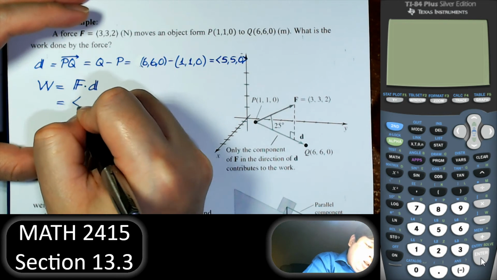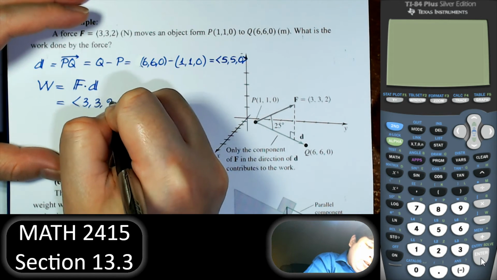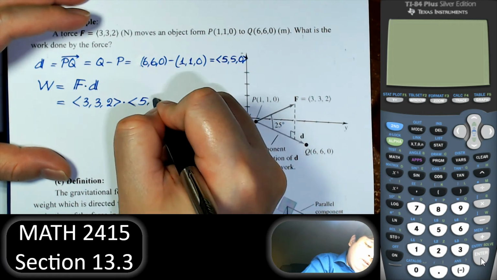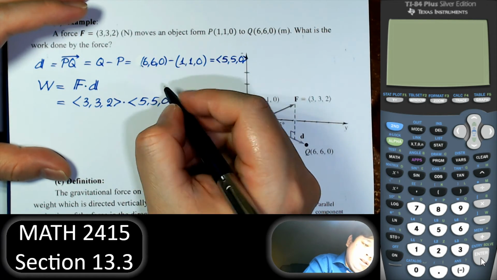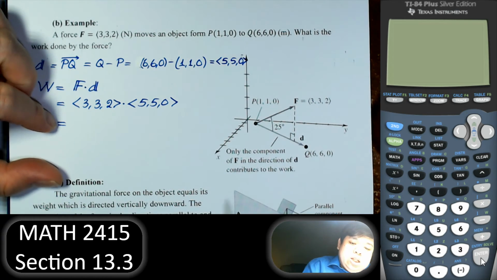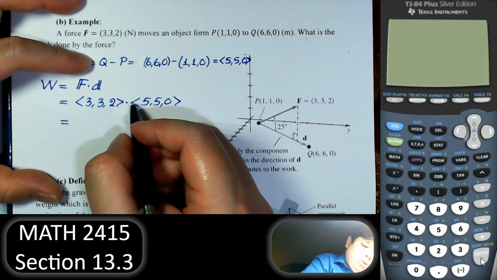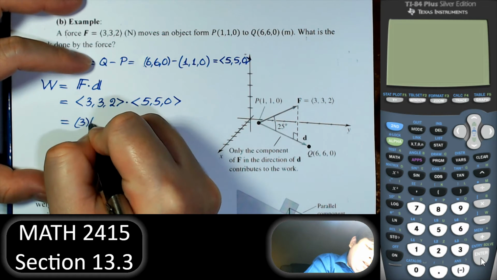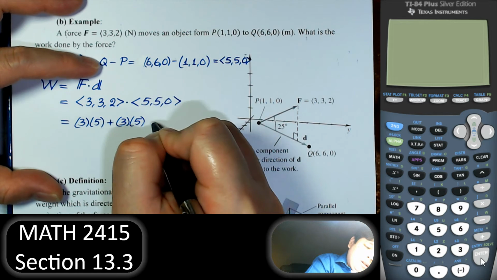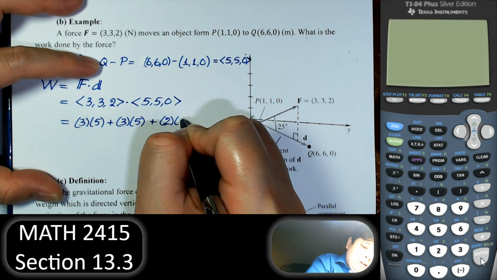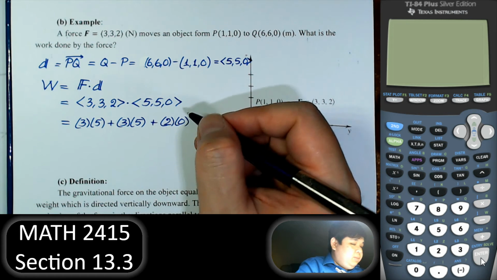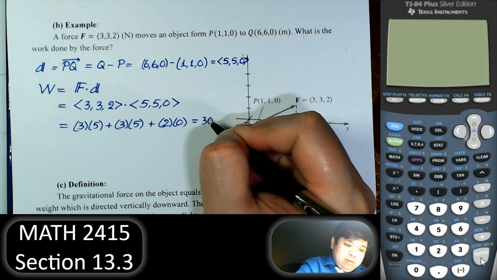The force is 3, 3, and 2, dot with 5, 5 and 0. So we will have 3 times 5 plus 3 times 5 plus 2 times 0. That's 15 and 15, so that will be 30. Right.